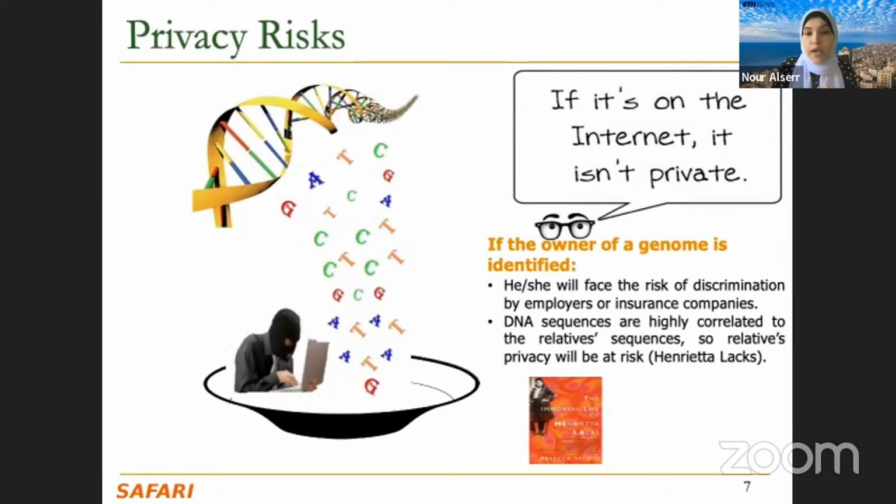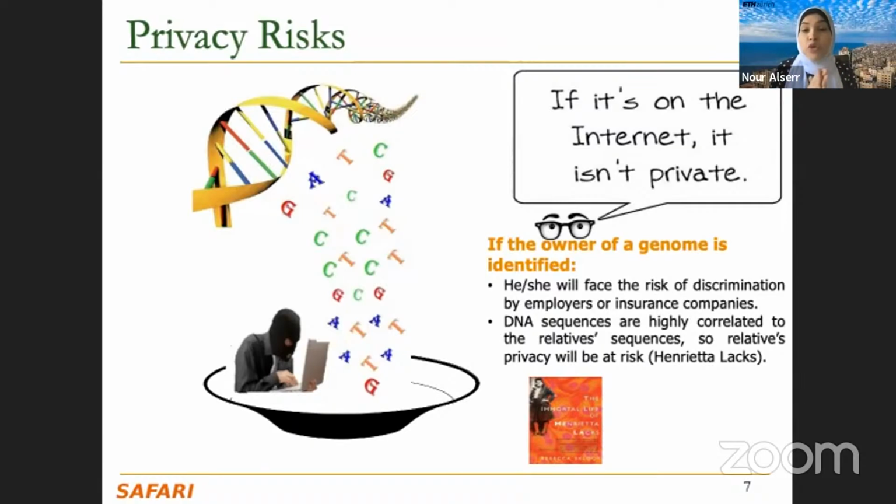So if the genetic record of an individual is leaked, it's leaked for good. It's not like a mobile password that you can change if it is released. If it is leaked, it's leaked for good and it's done.